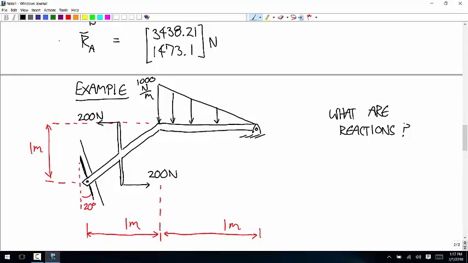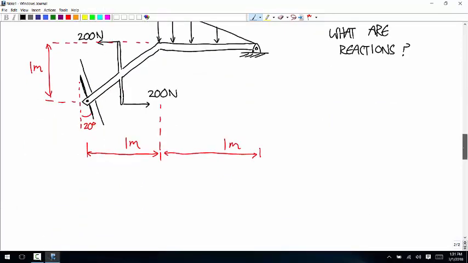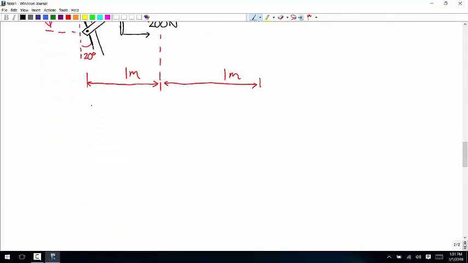Okay, anyone have any questions before you start? All right, let me know if anything comes up. So first, free body diagram.